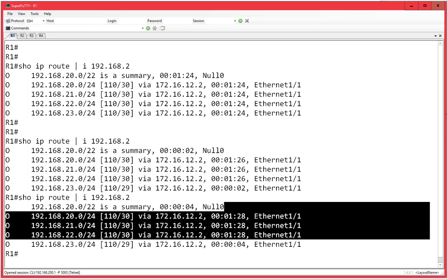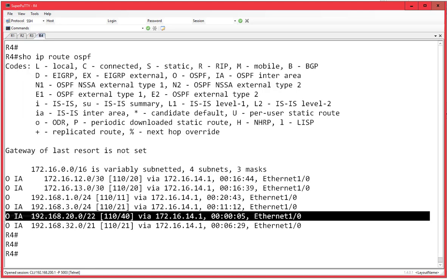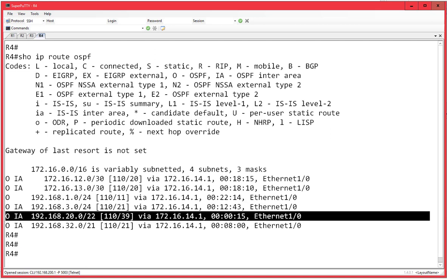These 3 routes have a cost of 30. Now if I go to router 4, you will see that this route, which previously had a cost of 40, now should have a cost of 39, because it's assuming that the seed metric for the summary is the lowest metric of all the routes that are included within the summary.